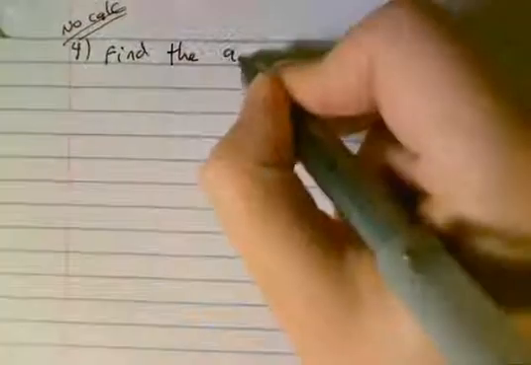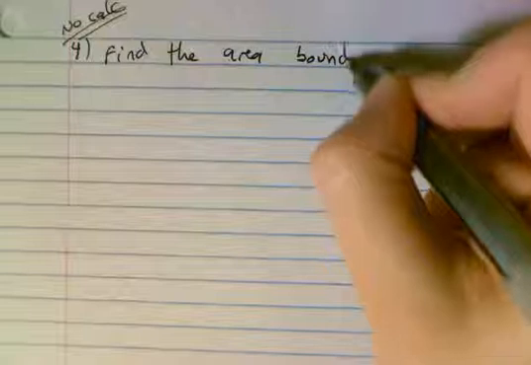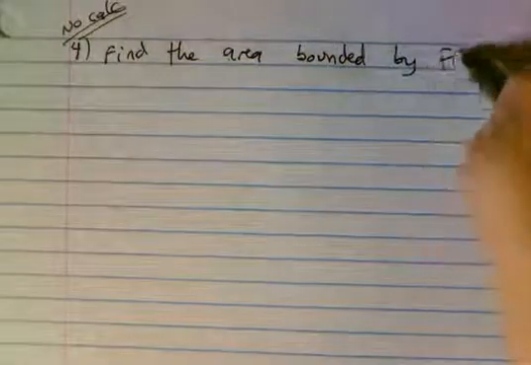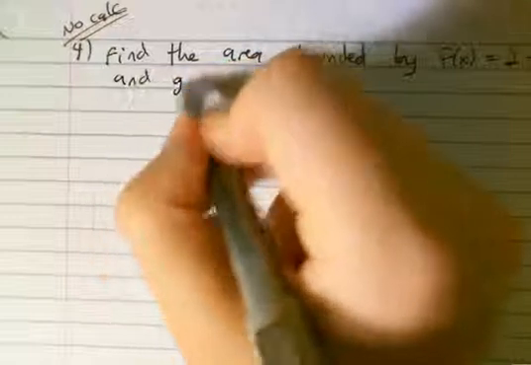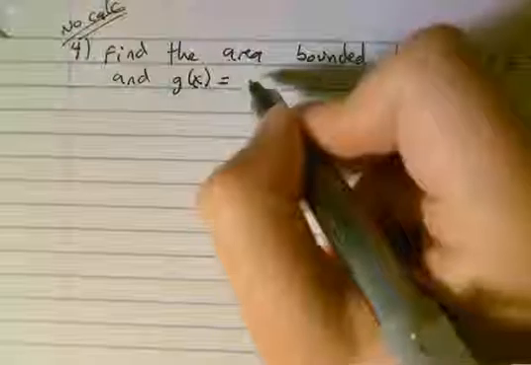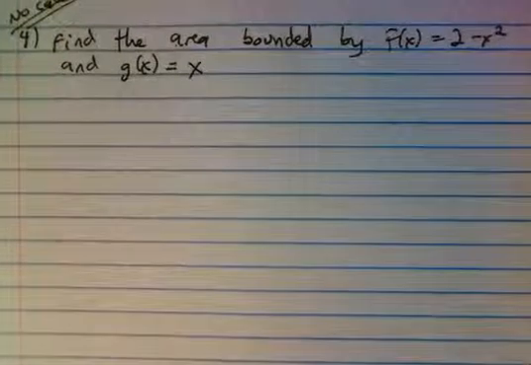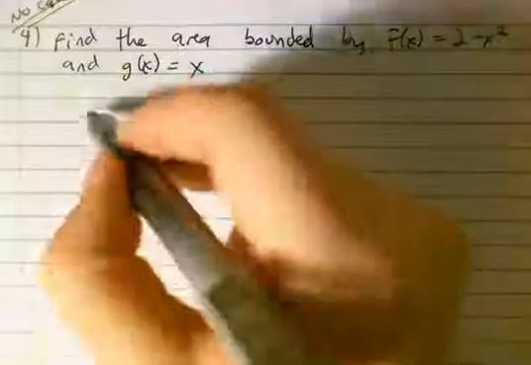You can also find the bounds by hand if you need to. Let's say this is also no calculator. Got the area bounded by f of x equals 2 minus x squared and g of x equals x.